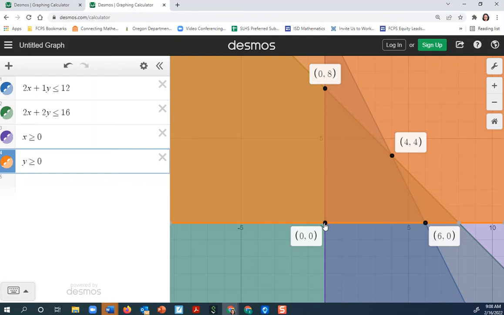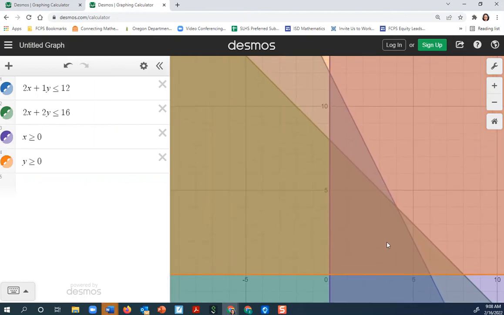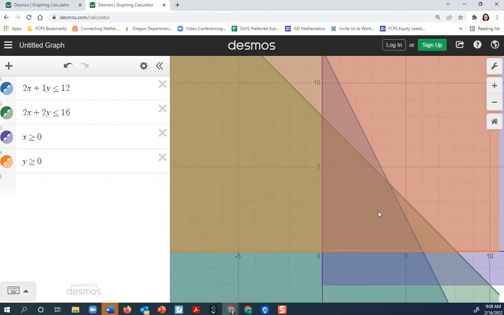I'm going to graph this first line that has x and y intercepts of 8. And then the second line has an x-intercept of 6, and it has a y-intercept of 12, so I'm going to graph that one.